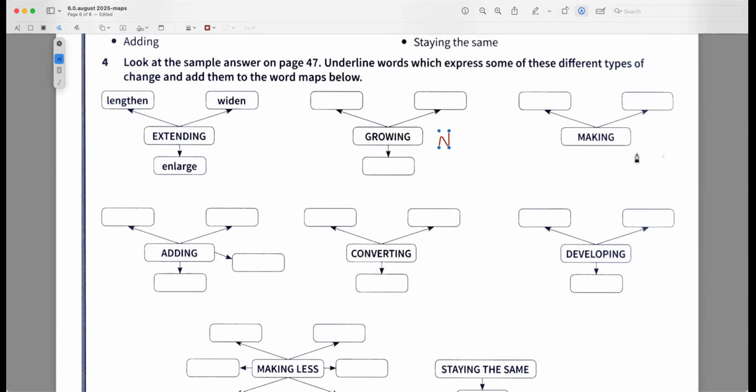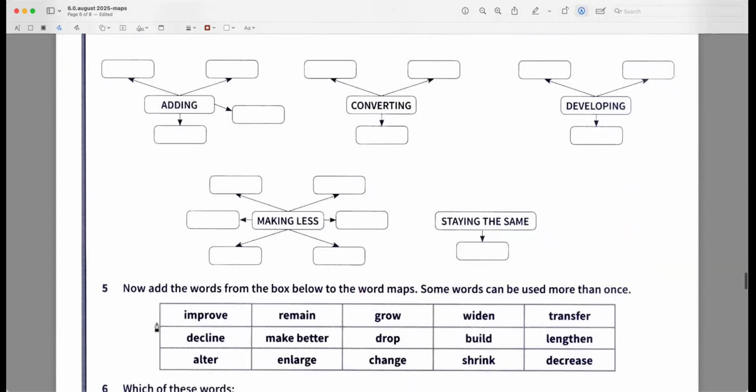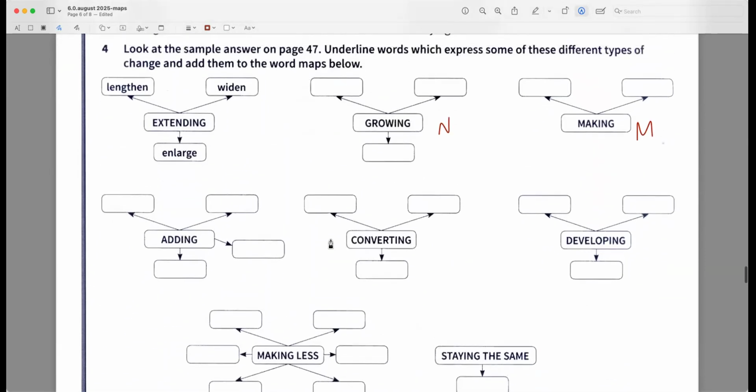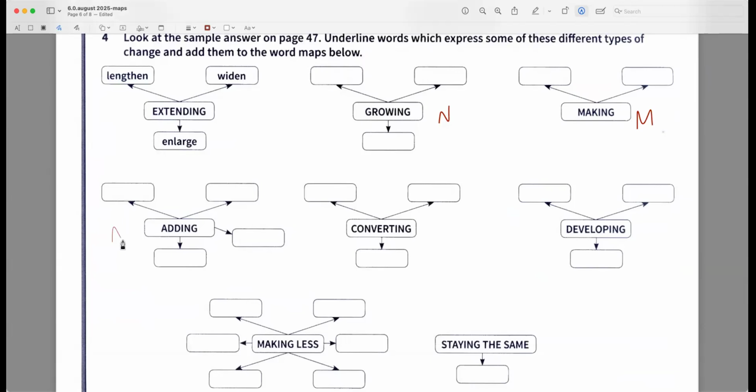And me, making. Oh, I forgot to tell you, try to find the verbs from exercise 5 to put here. And then adding, Ngọc, or converting, me, developing, Ngọc, or making less, me, and staying the same, Ngọc. Okay, some verbs may appear in different categories. Sometimes a few verbs appear in several different boxes.